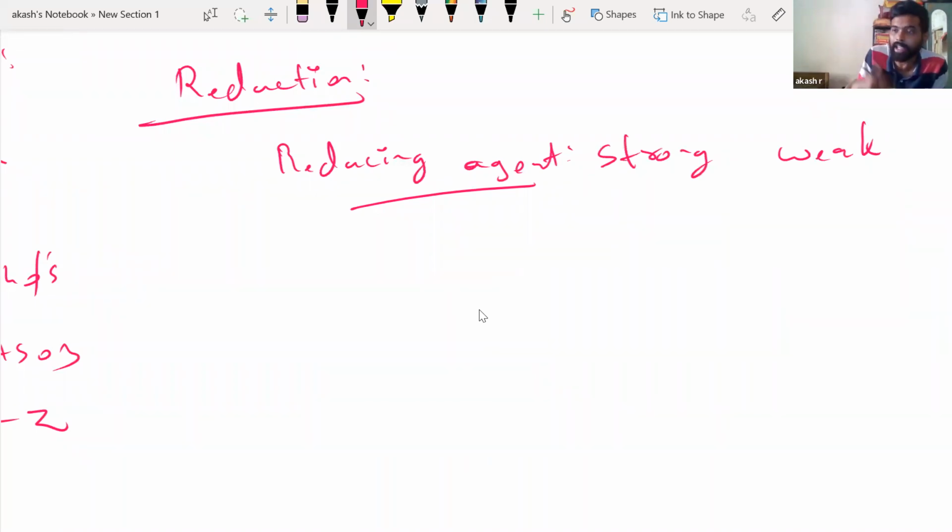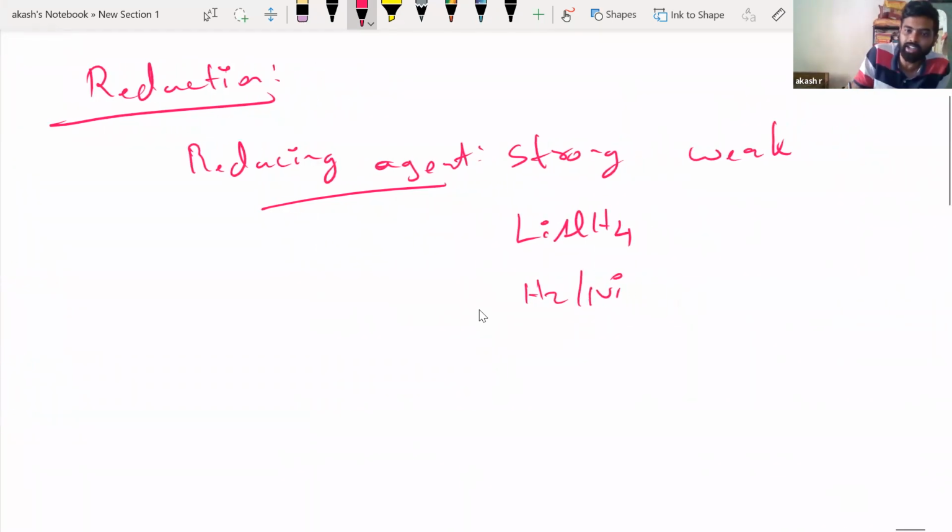Strong reducing agent, one of the most important ones is LiAlH4, lithium aluminium hydride. The other one you can remember is H2 in the presence of nickel or palladium or platinum. And in weak reducing agent, you remember only one thing, that is NaBH4, sodium borohydride.